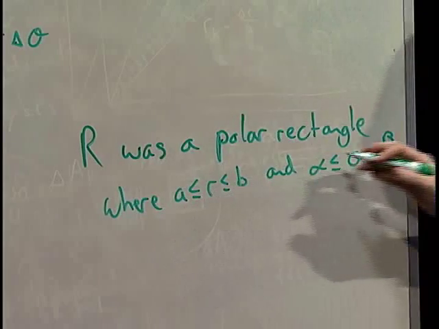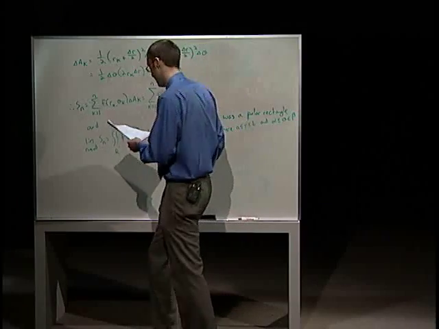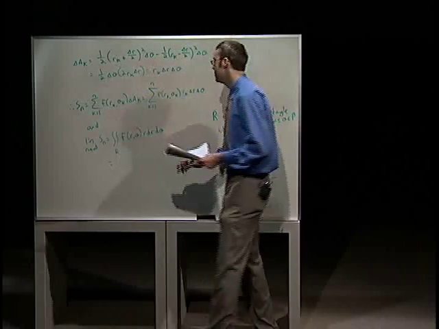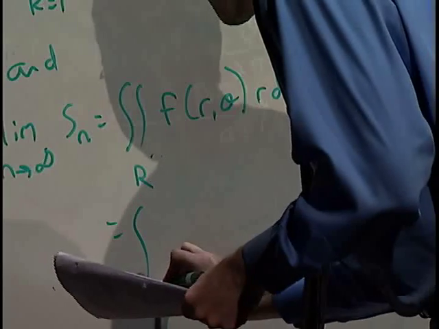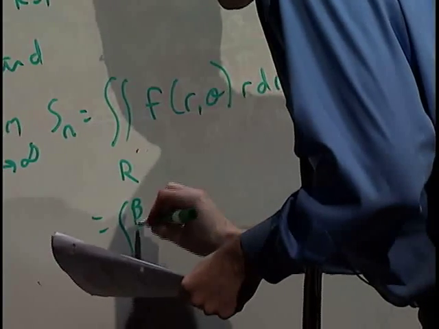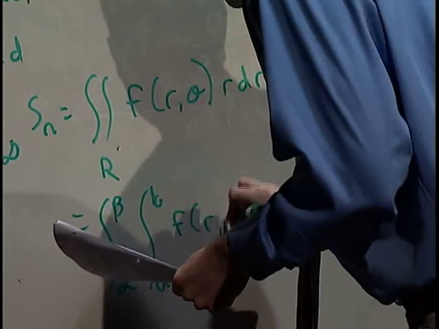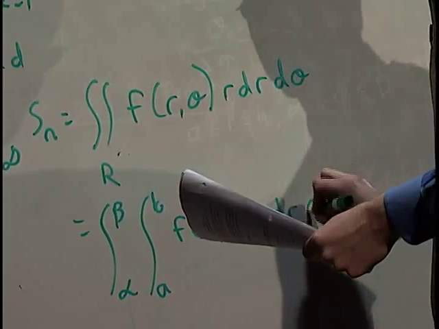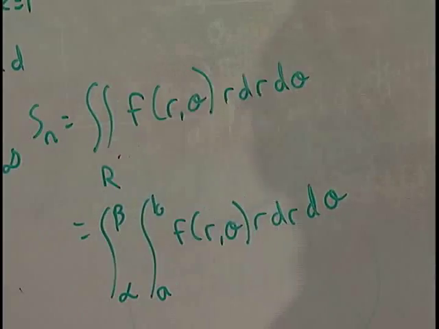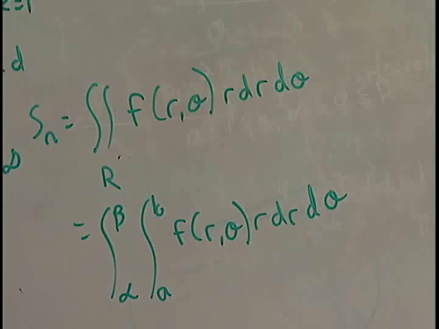So there's our limits of our polar rectangle R. So this double integral, we can do in terms of doing r first and then theta. So our limits of integration for theta are alpha and beta. Our limits of integration for r are a and b. And we have that r dr d theta. And so that's just how we're going to go ahead and use these polar coordinates in doing multiple integrals, okay?